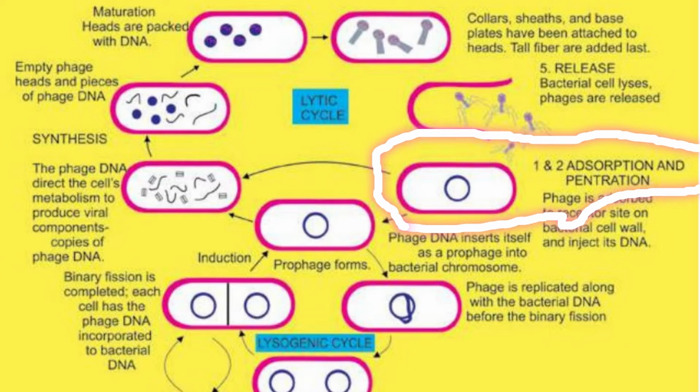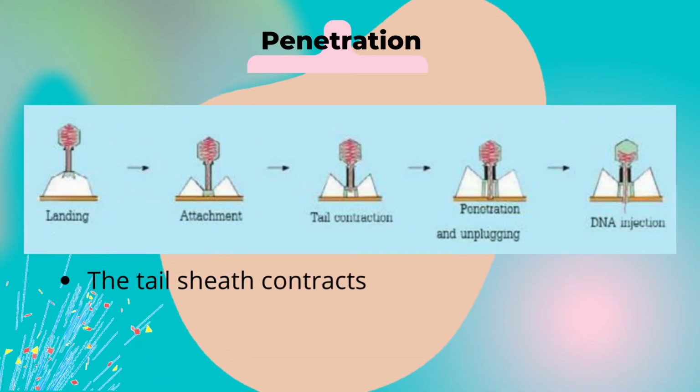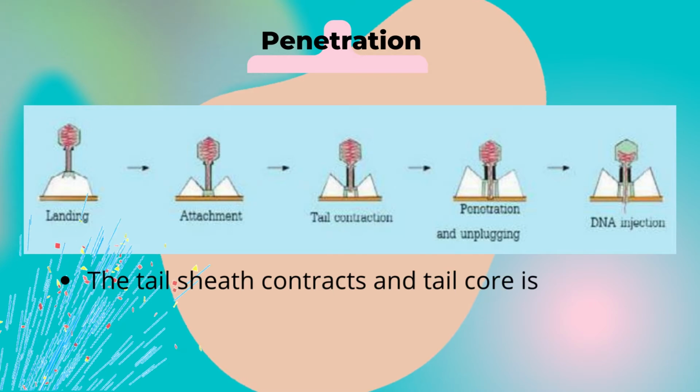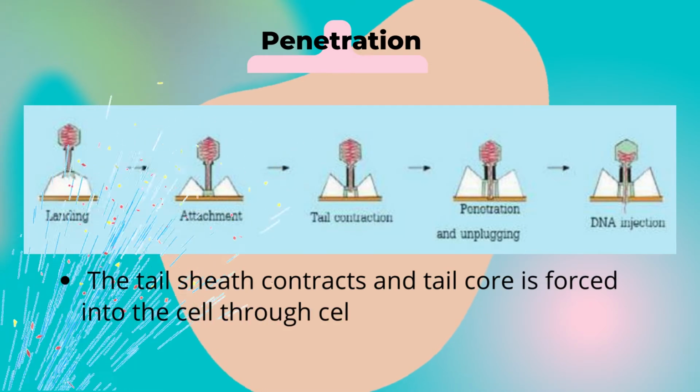Here you can see a marked area. First step, the bacteriophage is coming for attachment and then it will do the next step, that is penetration. Landing of bacteriophage, attachment. Now the tail sheath contracts.